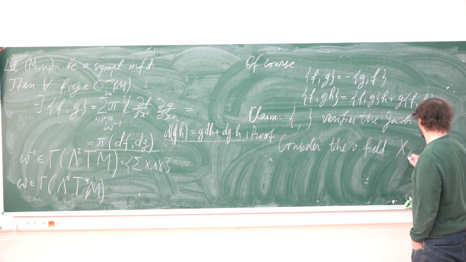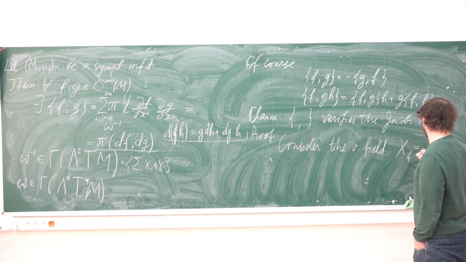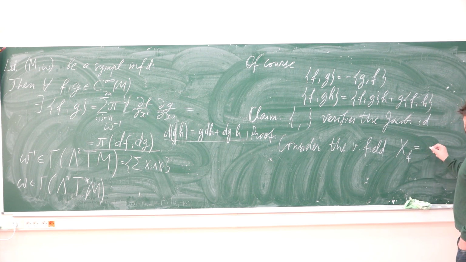X sub f equal to pi. So let me write this down in coordinates. Pi ij df dxj. So the summation over j is understood, right?